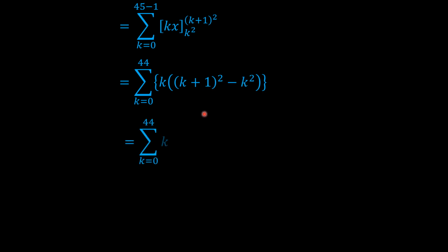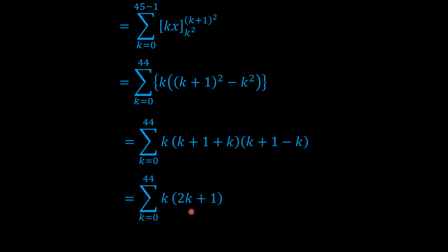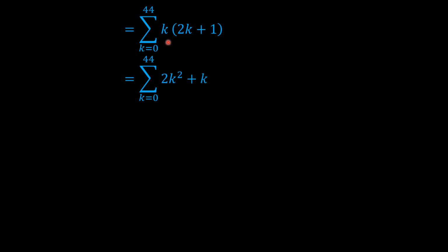Using the difference of two squares, we have k plus 1 plus k times k plus 1 minus k, and that becomes k times 2k plus 1, because k plus 1 minus k just becomes 1. And so what we're left with now is the summation from k equals 0 to 44 of 2k squared plus k.